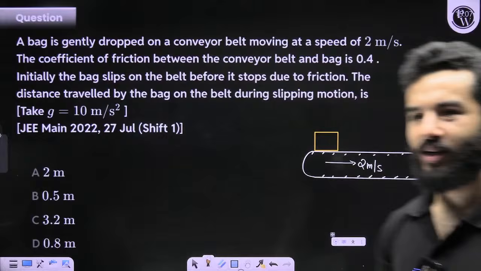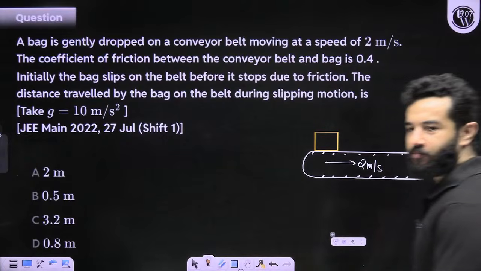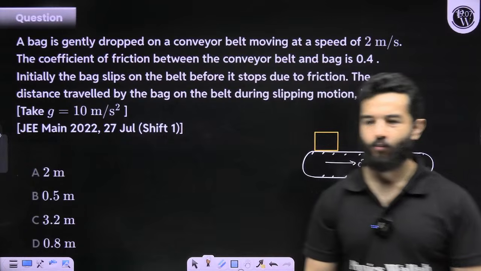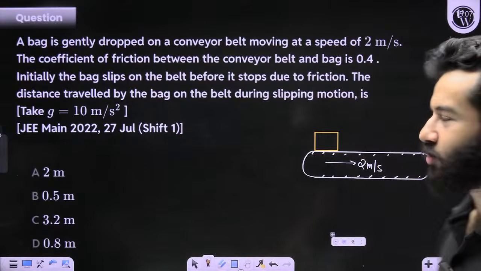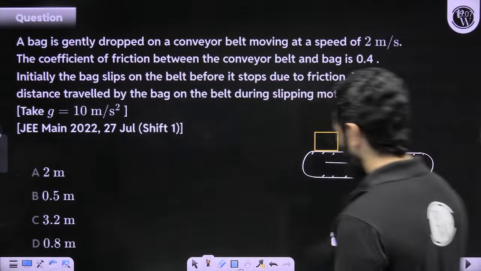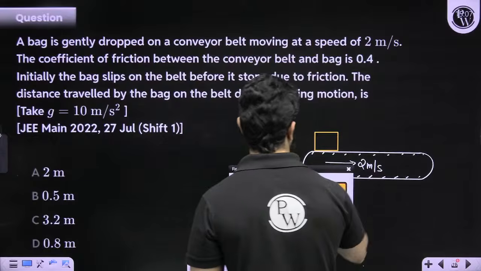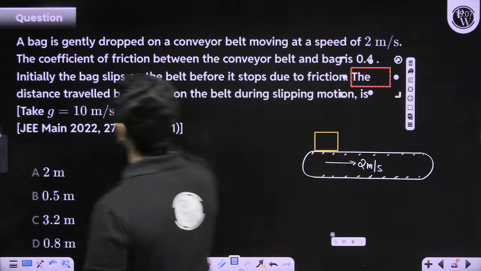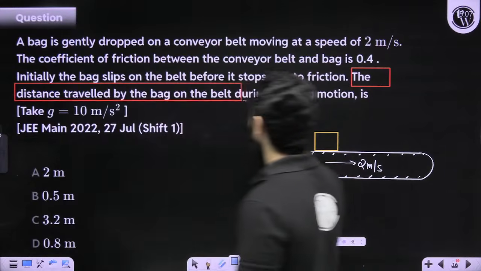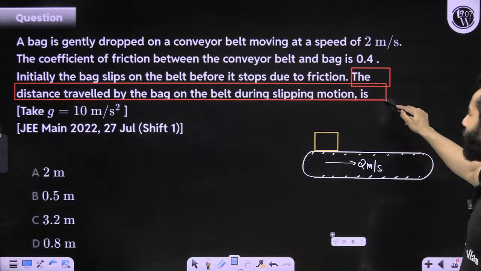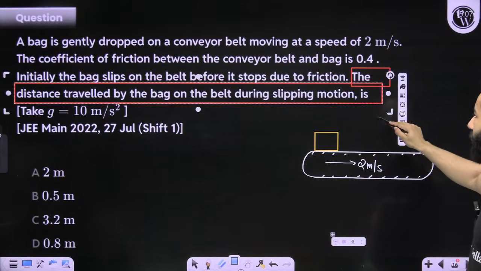Nice problem. Let's start. Be quick. Let's solve this question. You have to find out the distance traveled by the bag on the belt during this slipping motion.